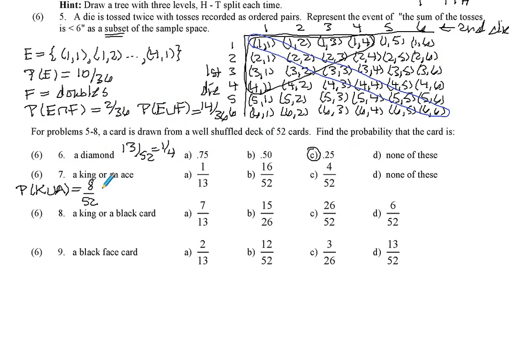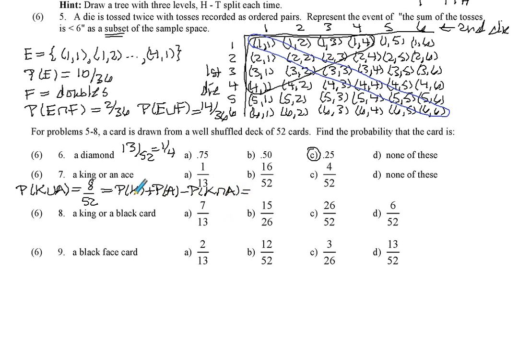Or we can use the union rule, which says, take the probability that it's a king and then add the probability that it's an ace, and then subtract the probability of the overlap, king and ace.